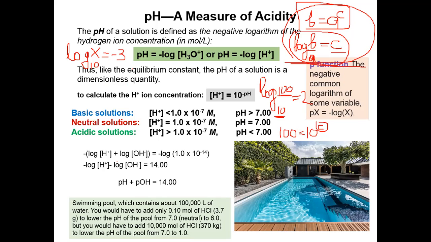Can you say it again? 1,000. Minus 1,000? No. 0.001. Yes, right. So X is going to be 10 in power minus 3. Okay, it's going to be 0.001.